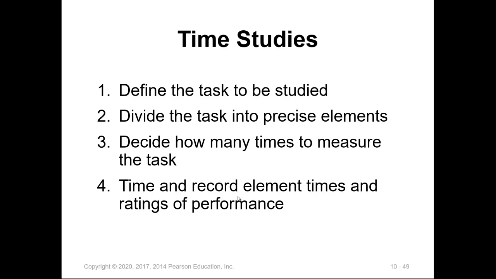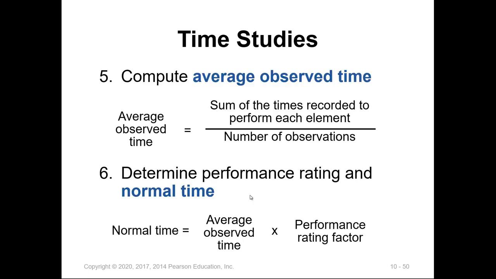That person first has to define the task to be studied, which task that is, and then divide that task into precise elements, decide how many times to measure the task, and time and record element times and the rating of performance.